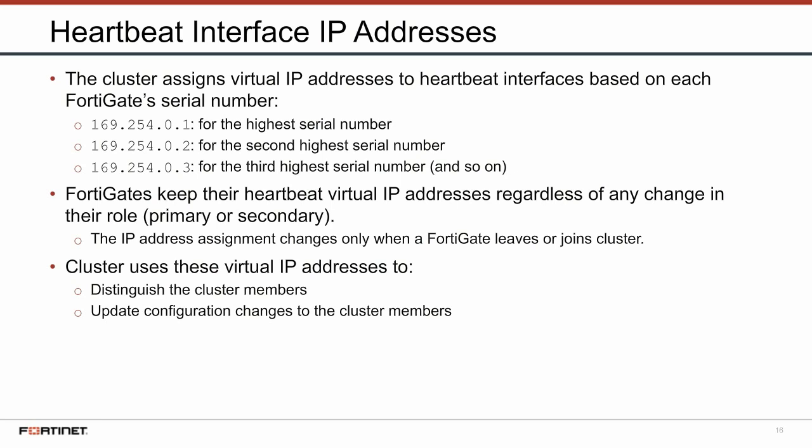In those cases, the cluster renegotiates the heartbeat IP address assignment, this time taking into account the serial number of any new device, or removing the serial number of any device that left the cluster. The HA cluster uses these virtual IP addresses to distinguish the cluster members and update configuration changes to the cluster members.